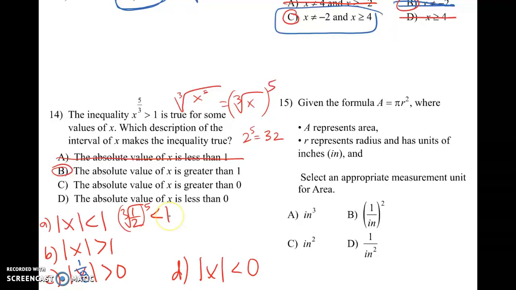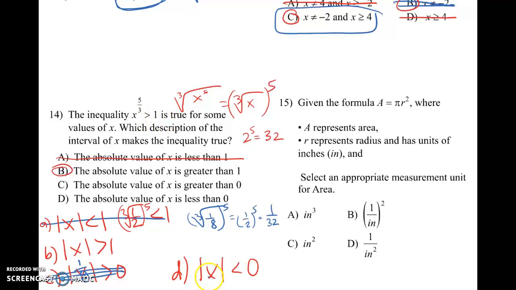So if this 1/2 didn't work, it eliminated choice A and C. But let's just try 1/8 because I said I would. The cube root of 1/8 is 1/2, to the 5th power is 1/32. Is 1/32 greater than 1? No, it's not true for this.